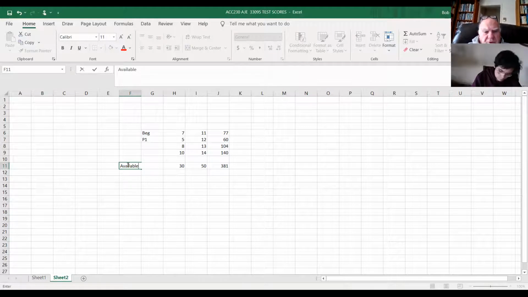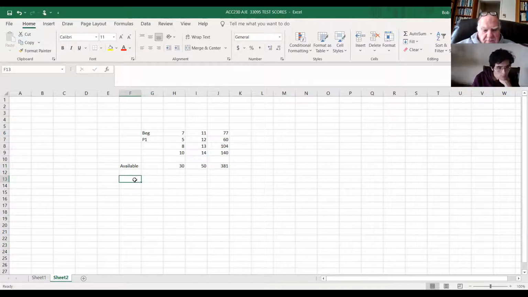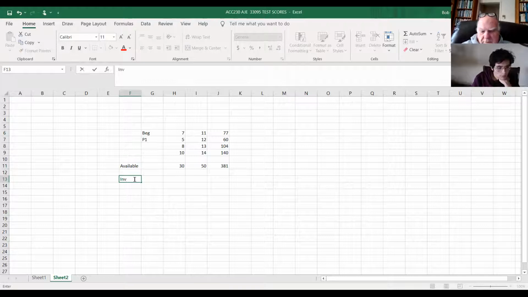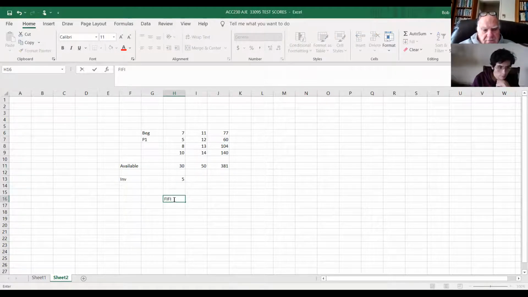That's the most we could have sold. And they were telling us that we had on the inventory, they told us the inventory was 5 left. Five units under FIFO and LIFO.